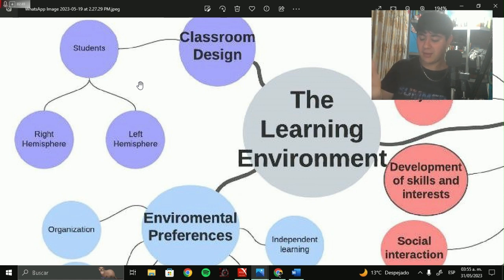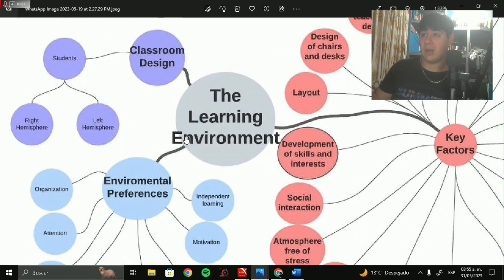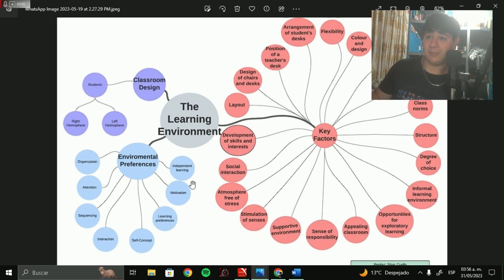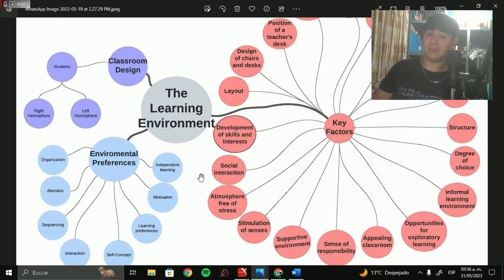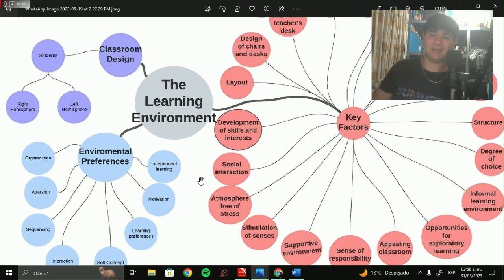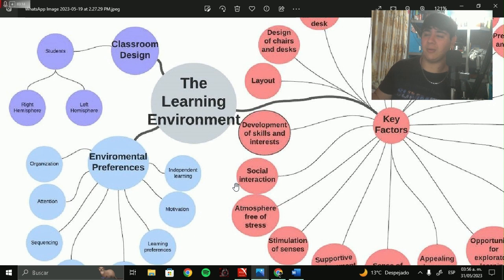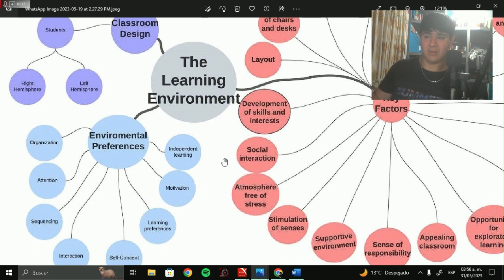On the other hand, right hemisphere learners may prefer a random, informal, and usually visually and auditory stimulating environment. This is very important to know because our aim as teachers is to adapt the classroom design and create an environment that is suited for the majority. So it is very important to analyze these factors here.